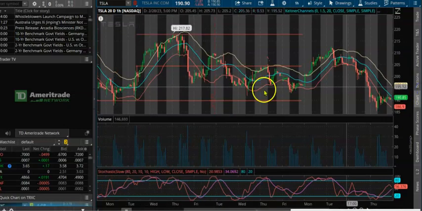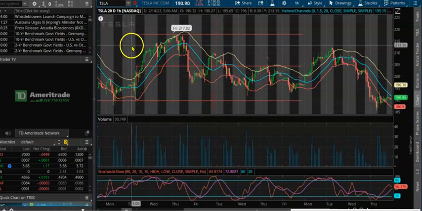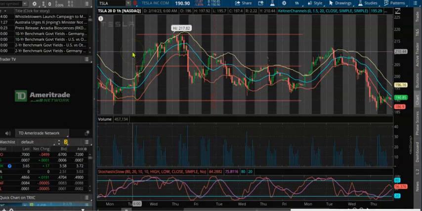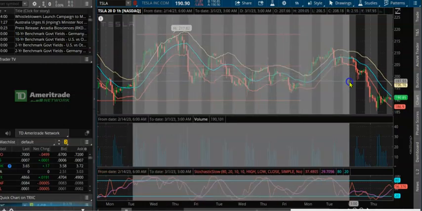We're seeing right here on 213, right before Valentine's Day, 188 again, and by the end of the next day, we were at 210. So that's a 24-point move within a matter of just hours. Again, the same thing on the short side.